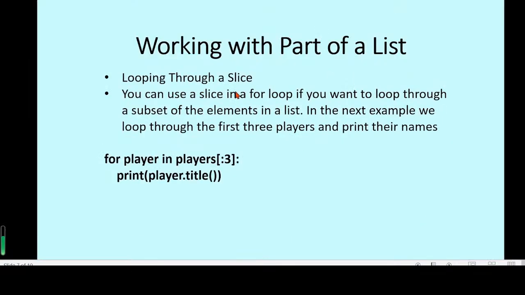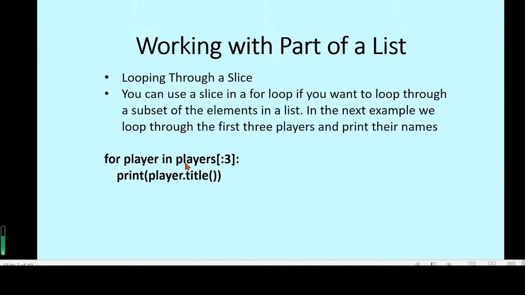And looping through a slice. You can also use a slice in a for loop if you want to loop through a subset of the elements in a list. In the next example, we loop through the first 3 players and print their names. For example, we can write for player in players, the slice with colon 3, from the first to the third element of this list.